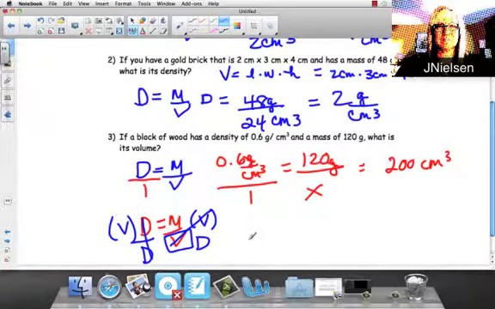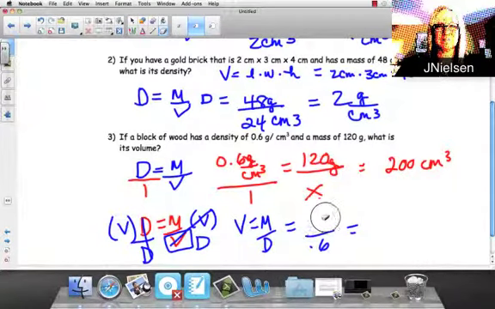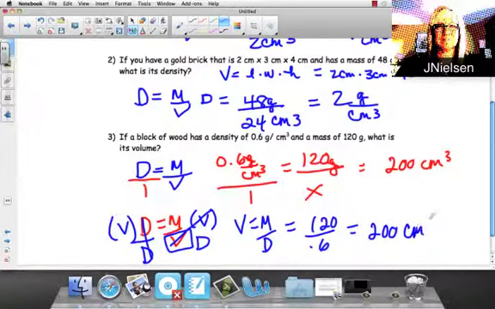So what I'm left with is v equals m divided by d, which is the exact same thing we were doing: 120 divided by 0.6 equals 200 cm cubed. So you can get away with doing it this way for right now, but later on when we get into more complex formulas, you're going to have to be able to manipulate an equation to solve for an unknown.